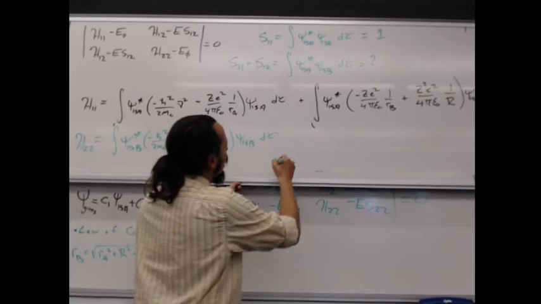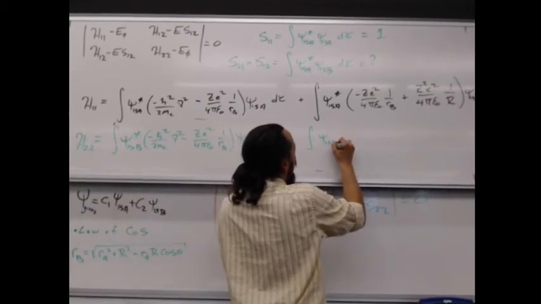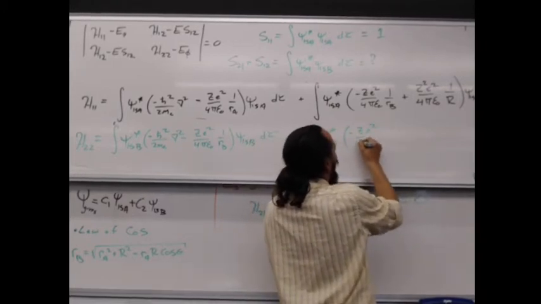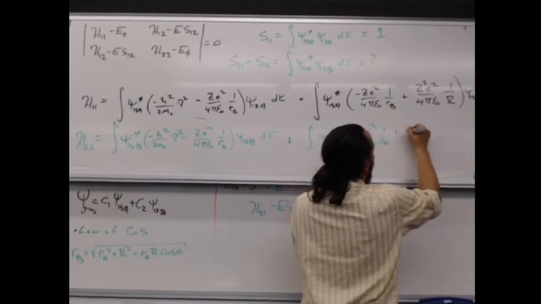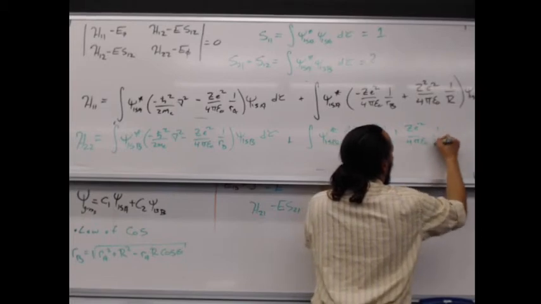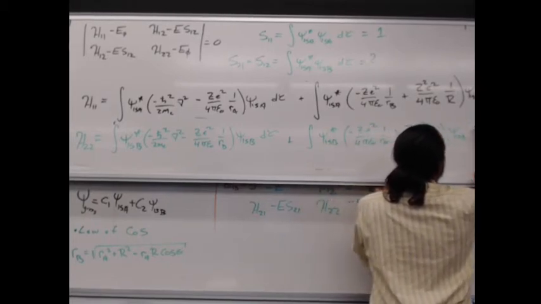Forgot my star over there. Plus the integral of psi 1sB star and Z e squared over 4 pi epsilon naught 1 over r_A plus Z e squared over 4 pi epsilon naught 1 over r, psi 1sB d tau.